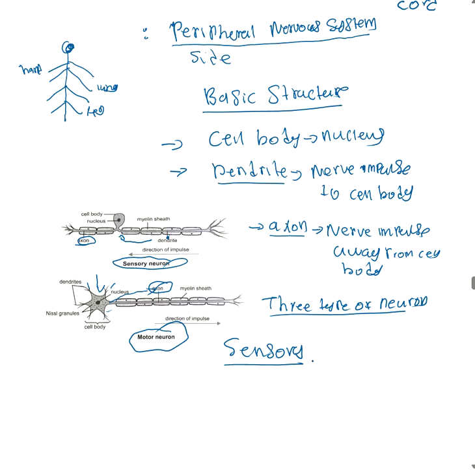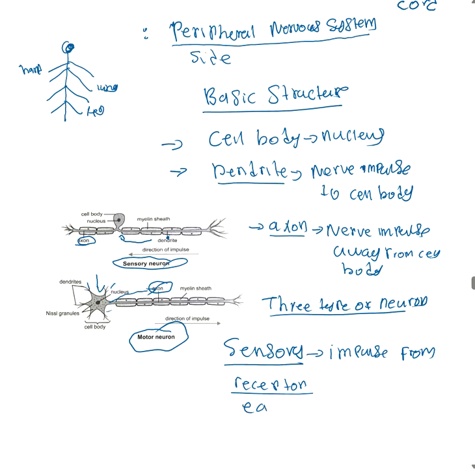So the function of the sensory neuron is to send impulses from a receptor. A receptor is found within an organ, and it is responsible for sensing, for detecting the stimuli.